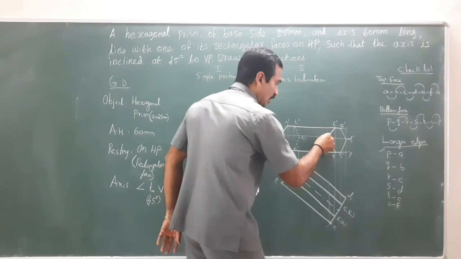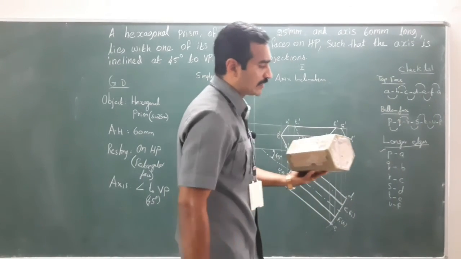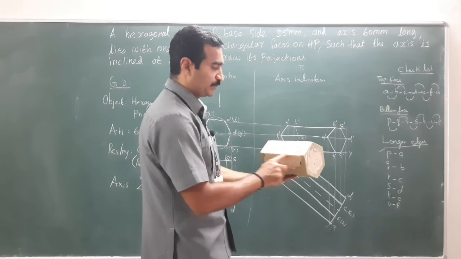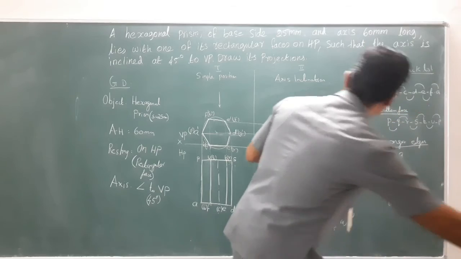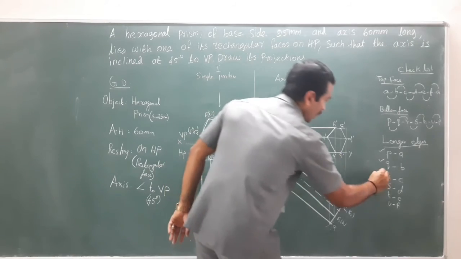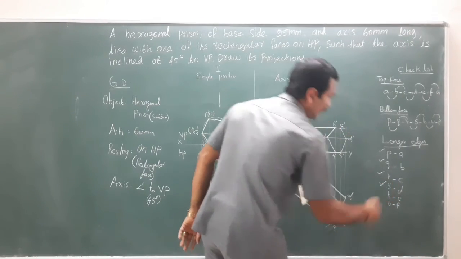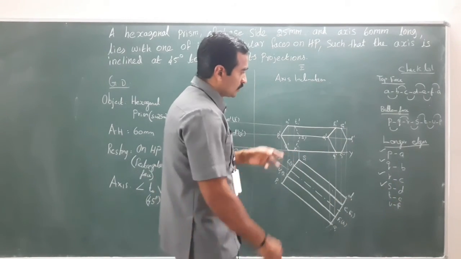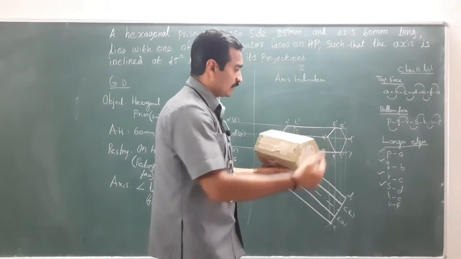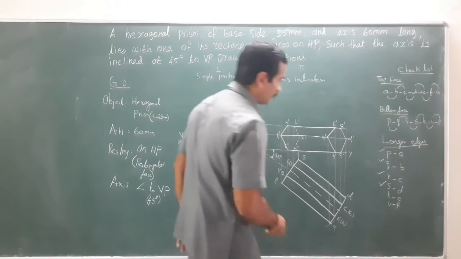Next comes the longer edges. PA, allowed to draw a dark line, because when the object is tilted in this manner, PA is clearly visible for me, so I have drawn the dark line. Next QB is already there, that is on the boundary. RC is already there, covered in the boundary. Now comes SD. Look at here, this is how it is resting, and SD is on this side, which will not be visible for me, so that is invisible for me, isn't it?